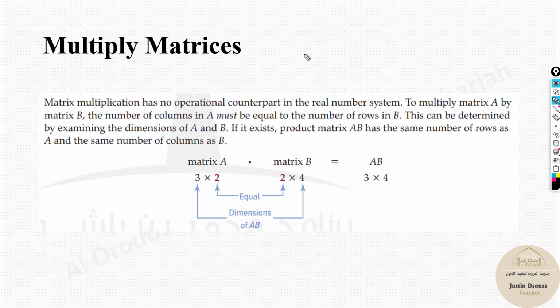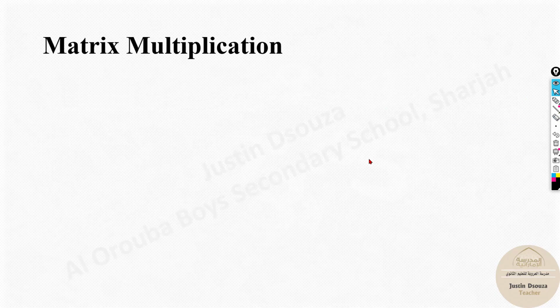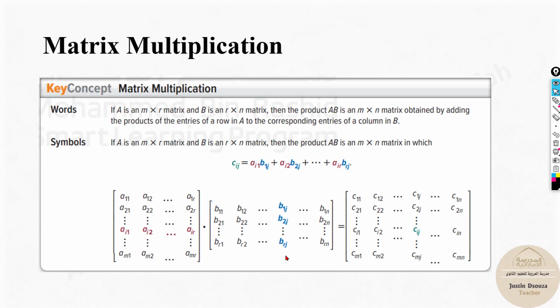We will see an example, then you'll understand. And the answer which is formed will have these two as its dimensions, that is, rows over here and columns over here. This is the generalization of the multiplication.